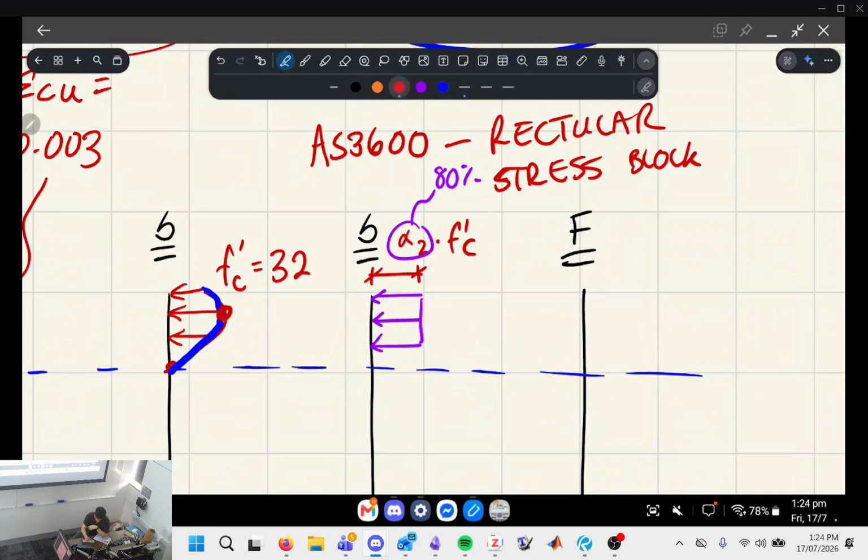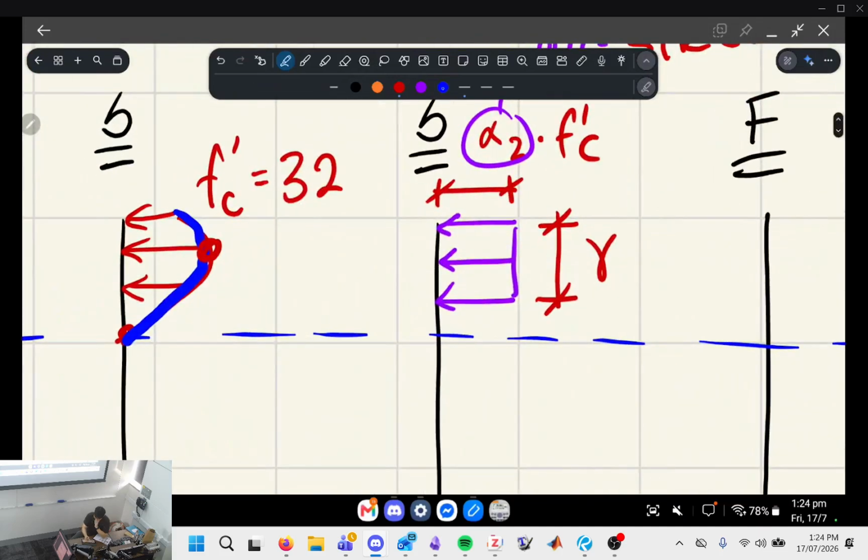And then going the other way, I guess you have to imagine this rectangular block starts at the very outer edge, but it doesn't go down to the neutral axis exactly. It cuts off at some point, okay? That's going to be represented by gamma.